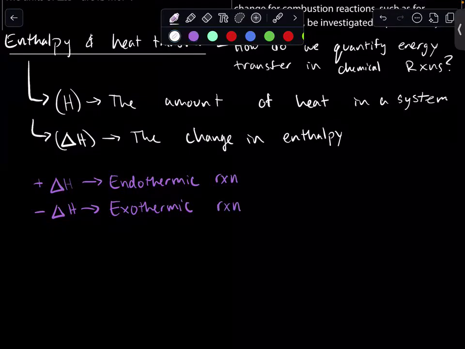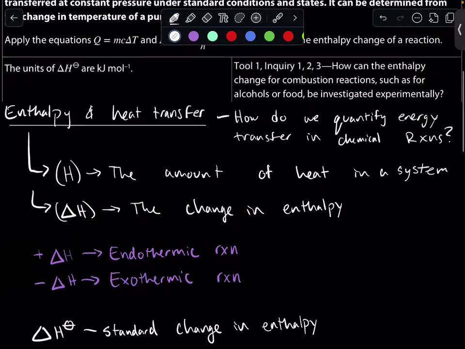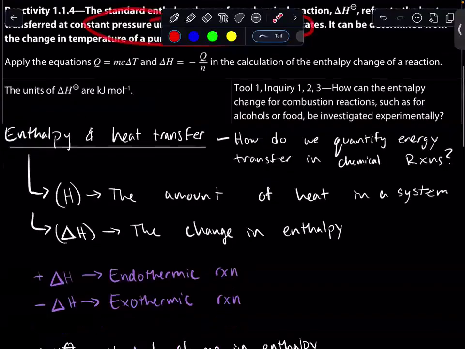Now, one other symbol that you're going to be seeing a lot of is delta H with this theta right at the top. And what that refers to is specifically the standard change in enthalpy. Now, what makes it standard is a couple things. One, it's under standard pressure and temperature, as we mentioned up here, constant pressure under standard conditions and states.